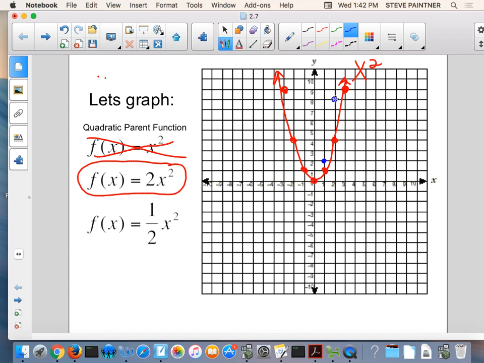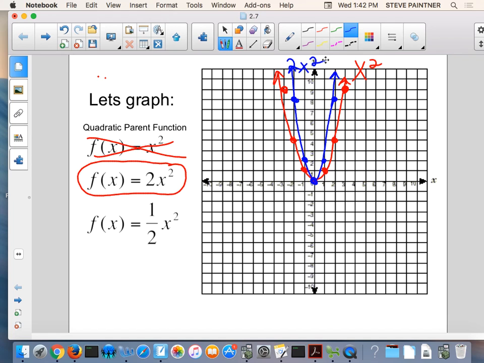Because if you double the y value, what's the y value at 0, 0? 0. Double 0, what do you get? 0. You don't go up. So you just stay there. And then I would, if I were you, just reflect these over the y-axis. And just go like this. And that is what? 2x squared.